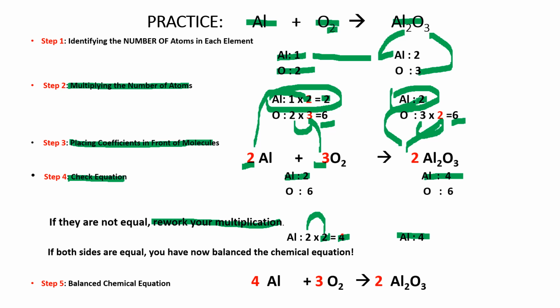Now, they are equal. Therefore, change the coefficient to make it equal. Make this 4. And now, they are equal. So the balanced equation now is 4 aluminum plus 3 oxygen produces 2 aluminum oxide. The reaction is balanced.